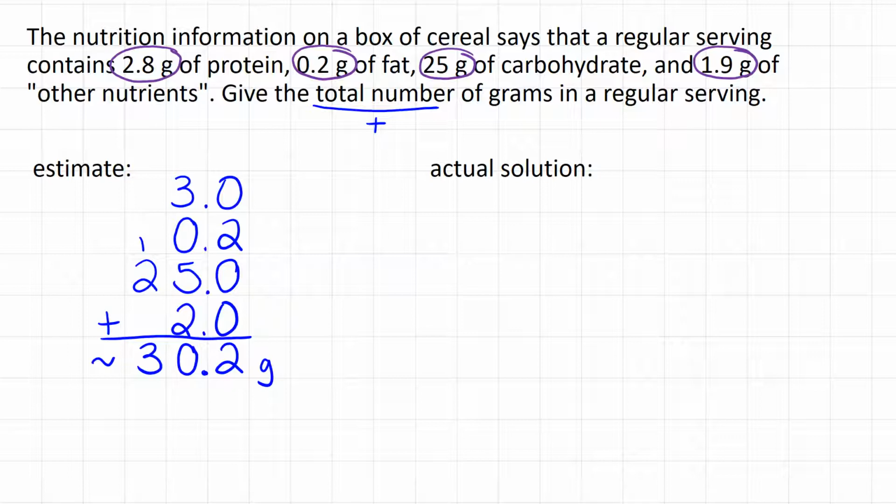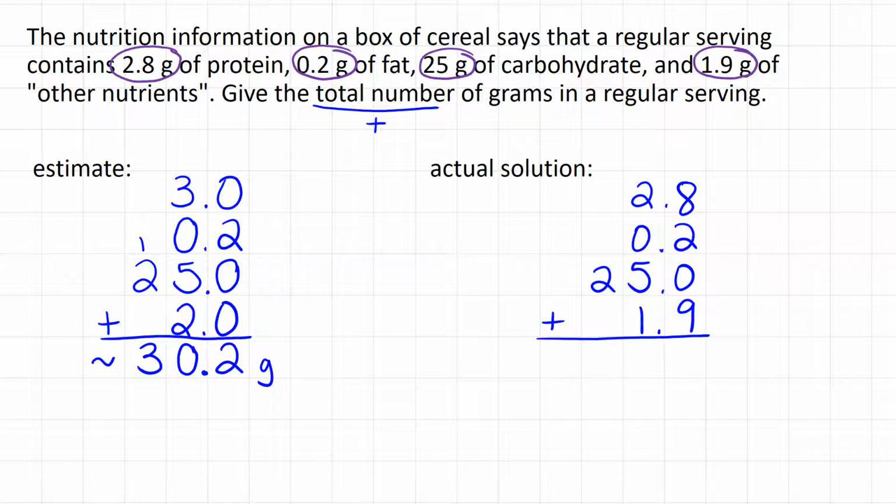Now finally, let's figure out our actual solution. So we've got 2.8, we've got 0.2, we have 25, and once again I'm going to add the decimal and then 0 just to hold its place, and 1.9. I'm going to add these four numbers together. Let's see what we get. 8 plus 2 is 10, 10 plus 9 is 19, write the 9, carry the 1, don't forget the decimal place. 2 plus 1 is 3, plus 5 is 8, plus 1 is 9.